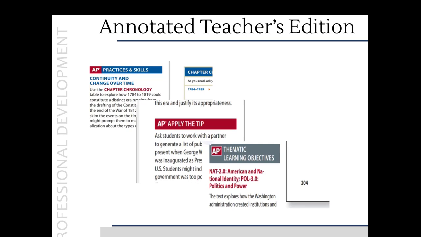The AP tips in your teacher edition will always correlate with the AP tips in the student edition. Sometimes these tips will have activities and/or worksheets as part of the tip. Remember, these printouts can always be found on the flash drive and will be noted with the icon TRM.